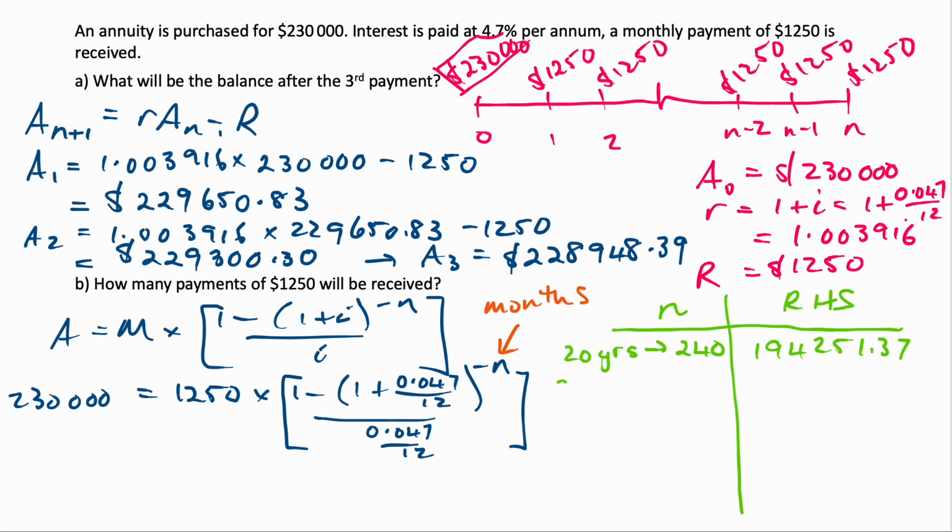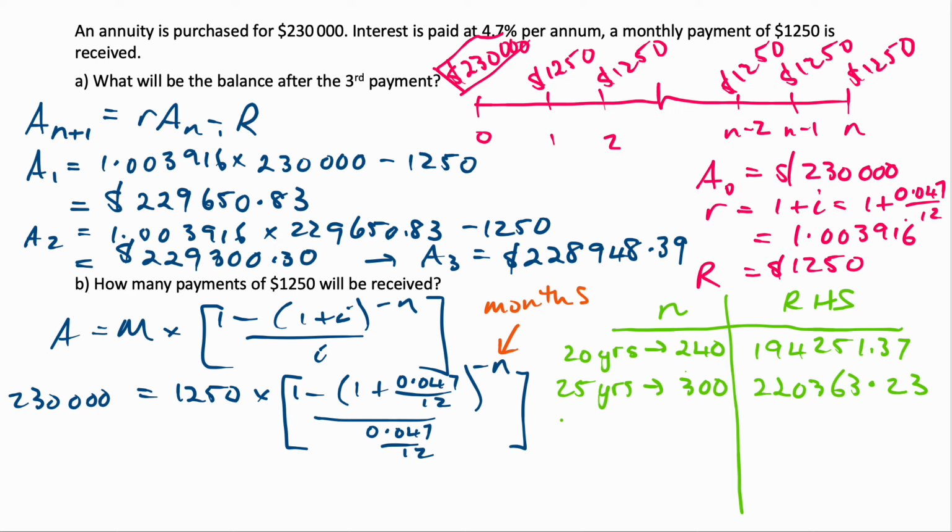So perhaps if we tried 25 years, that would be an N of 300. Now that calculates to $220,363.23. Says we're not quite up to that 230,000 yet, so we can go a bit higher.